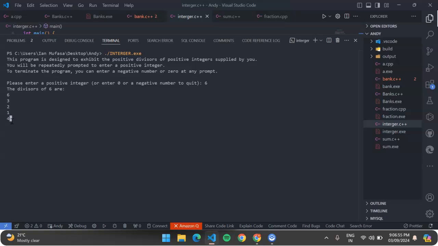Let me put 4, run. It says thank you for using the program, because 4 doesn't fall in the line of the integers that are positive.